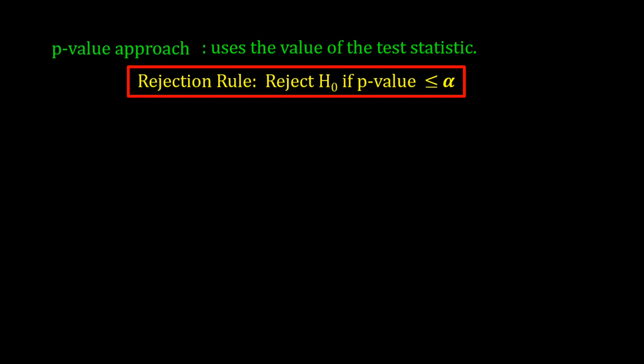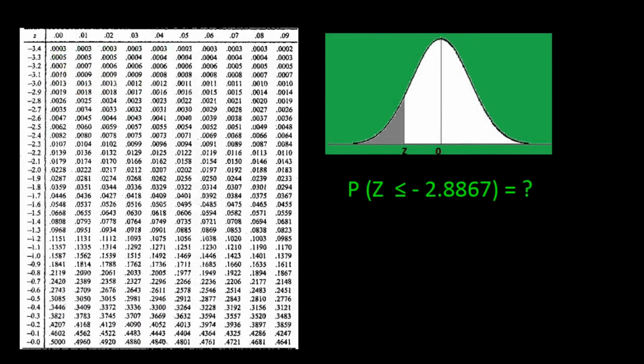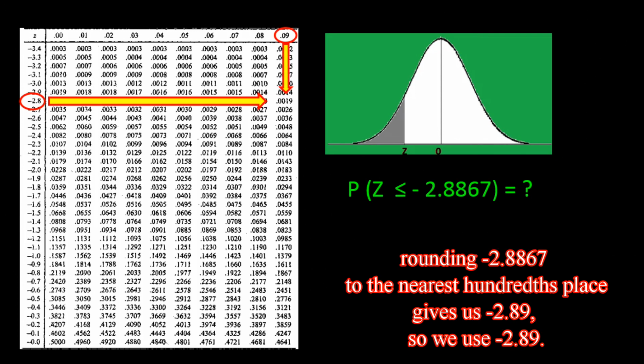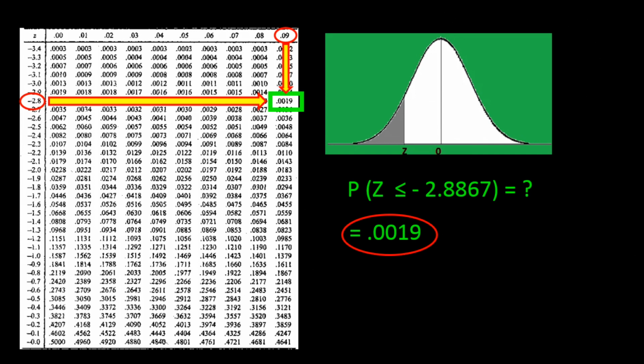For our example, we calculated a test statistic of negative 2.8867, and we stipulated a 0.05 level of significance. So using the z-table, we look up negative 2.8867. Looking on the left, we find negative 2.8, and on top, let's use 0.09, and we get a p-value of 0.0019. That would be the area under the curve in the lower tail below a z-value of 2.89.